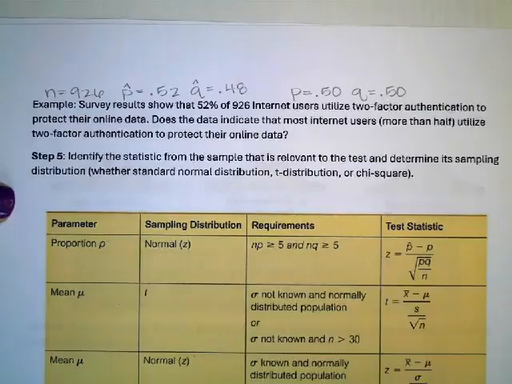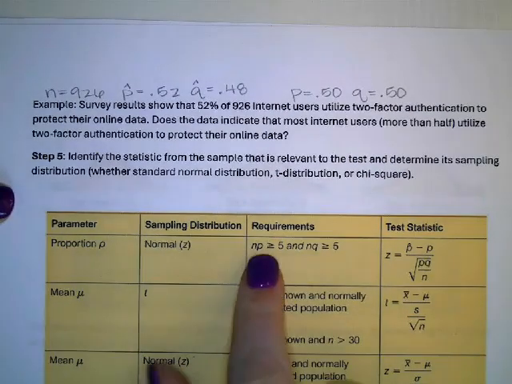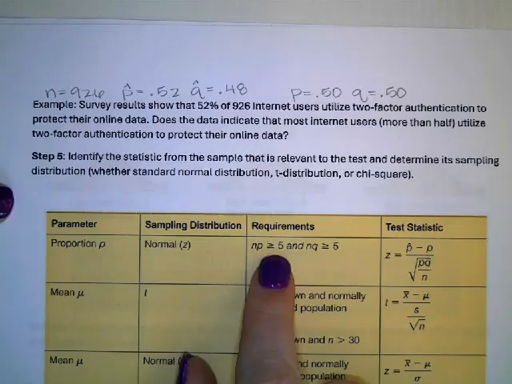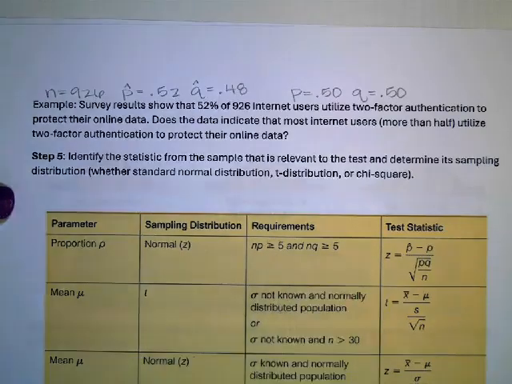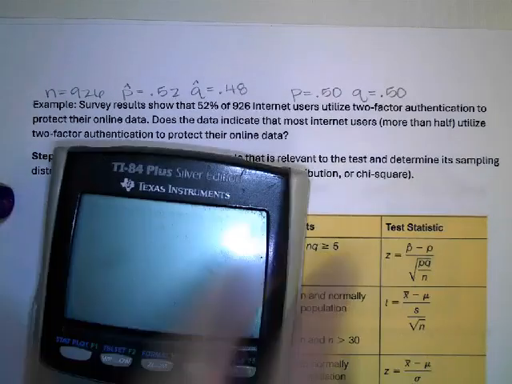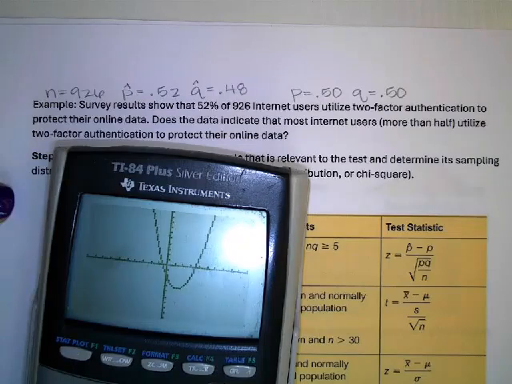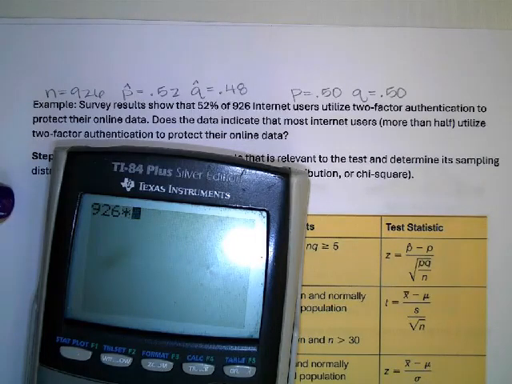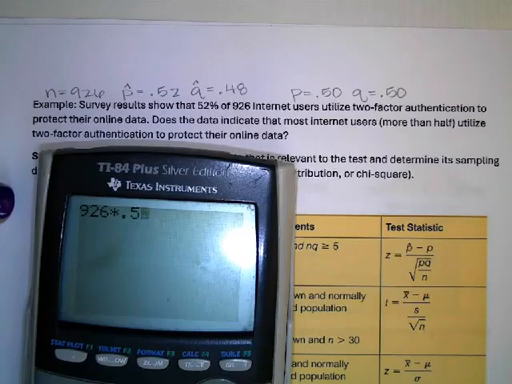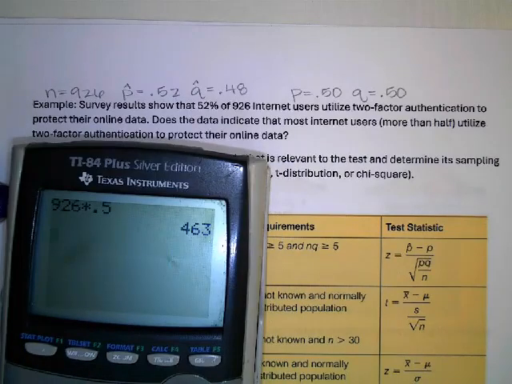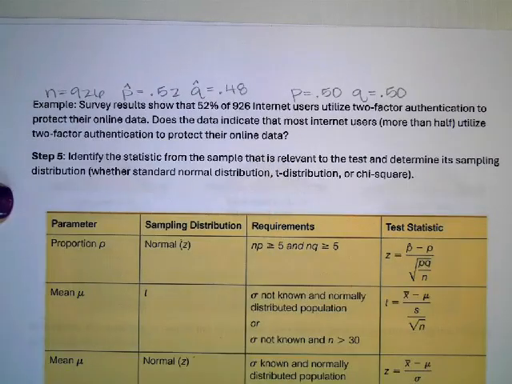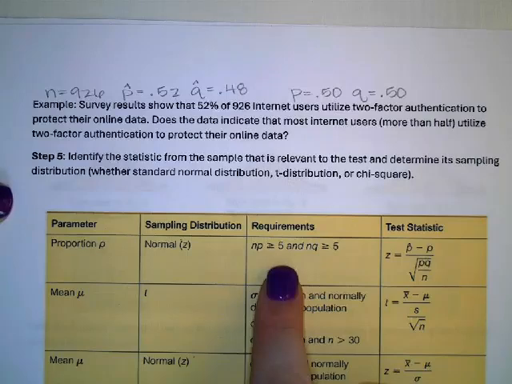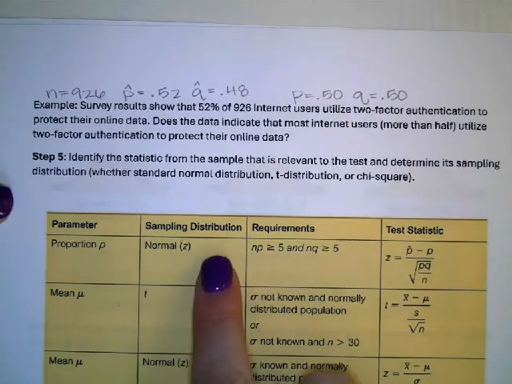Okay, so here they just say that n times p has to be greater than 5, n times q has to be greater than 5. Of course, if we take 926 and multiply it by 50%, we are going to get a number that's greater than 5. And so we've definitely met the conditions to be able to do this sampling distribution and use this test statistic.